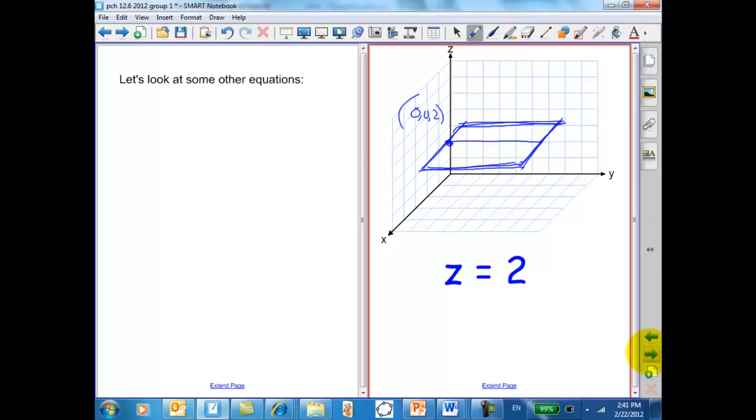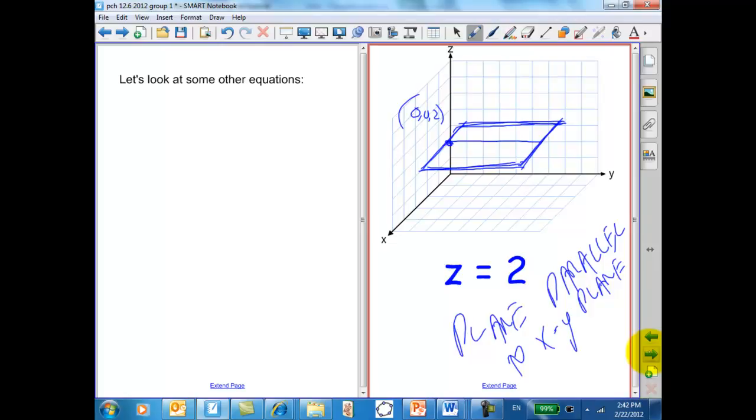We don't have the convenience of having intercepts for all 3. Z equals 2 has no x-intercept and has no y-intercept either. Because to do that, you'd have to get z to be equal to 0. And no, we're saying z equals 2. So z equals 2 is a plane parallel to the XY plane.